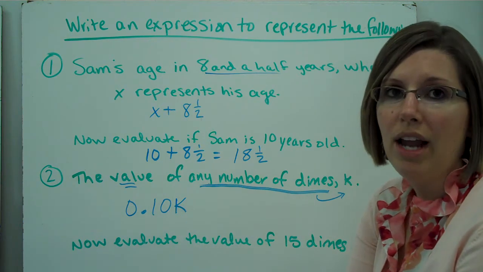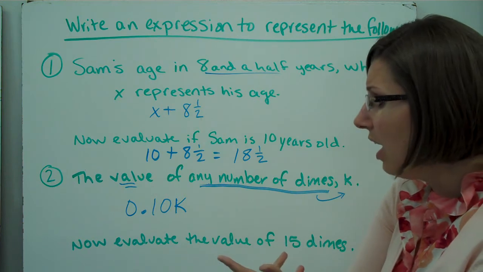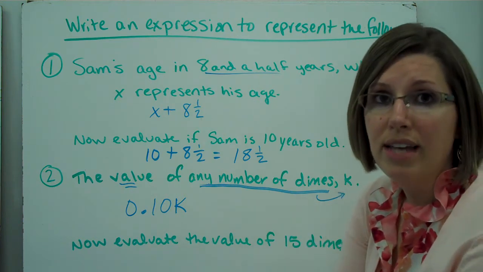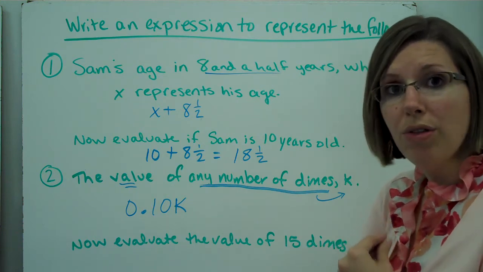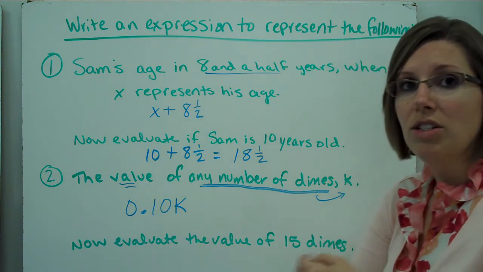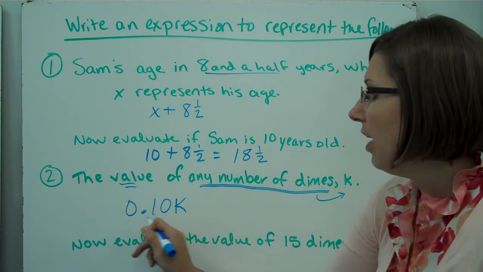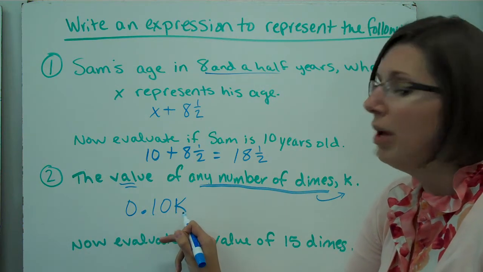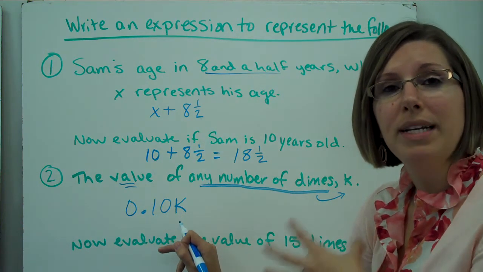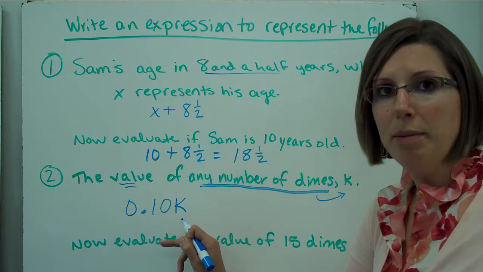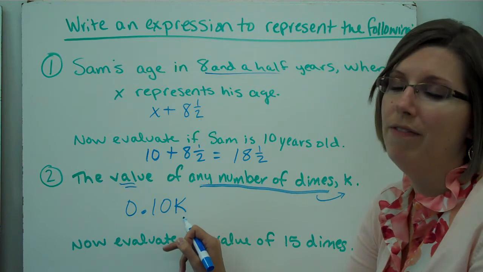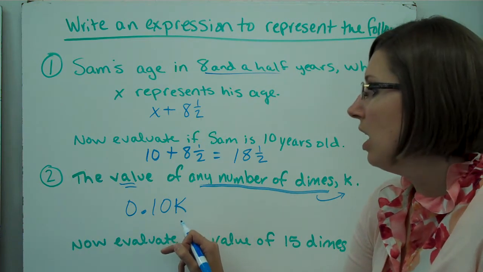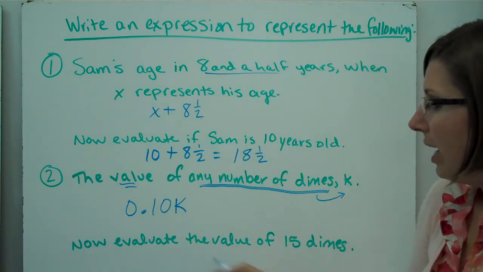I could have 1 dime, which would be worth 10 cents. I could have 5 dimes, which would be worth 50 cents. Do you guys get the idea? This is the value of 1 dime, but I'm going to multiply that by how many dimes I have. I don't know how many dimes I have, so I'm going to replace that number with a variable, k.